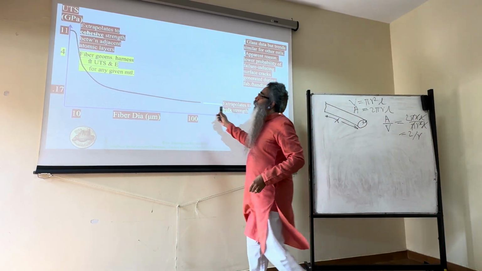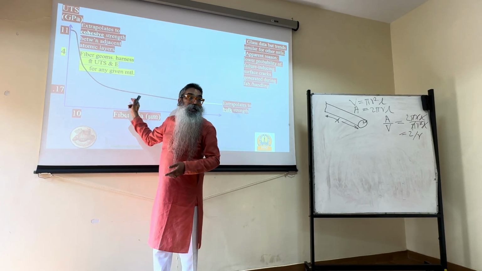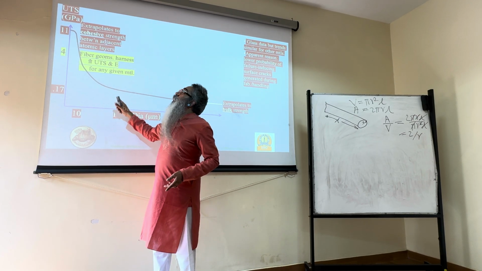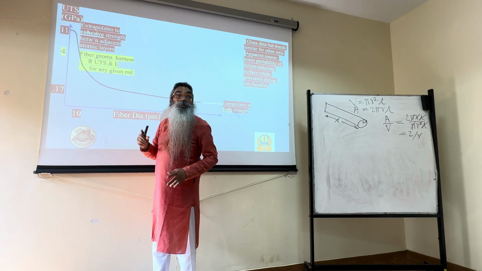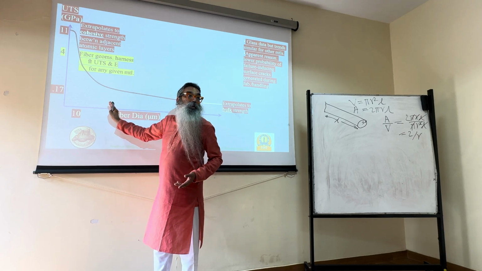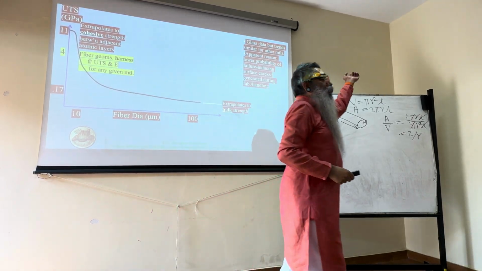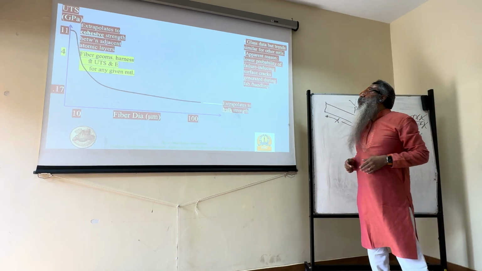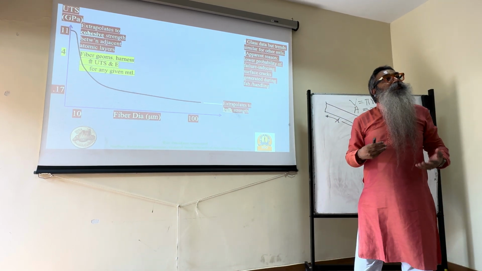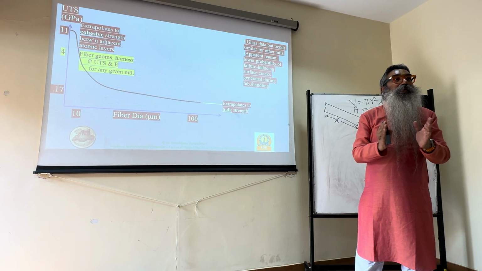On the other hand, when you're going here, both are changing. UTS is changing, and your area is also changing because the diameter is changing. But this drop is much, much steeper than the change in area that is happening over here, okay? And in any case, we are interested only in this UTS. But going back to what we were talking about, there is an impact of the geometry on the material in certain realms.